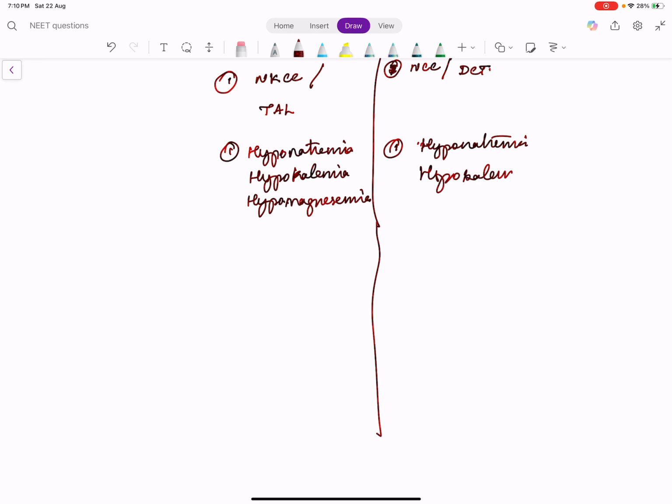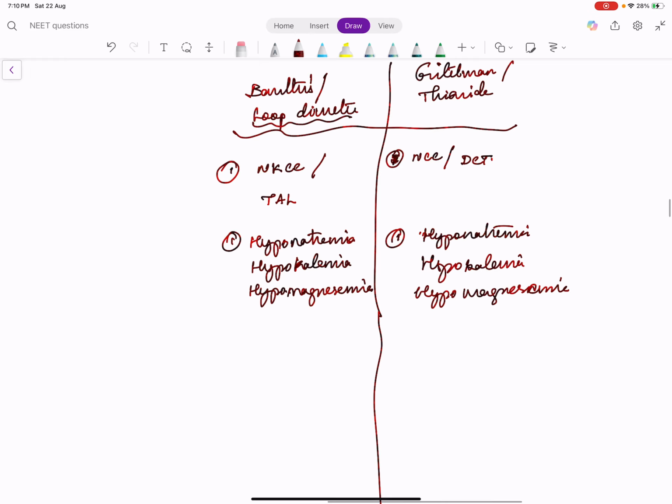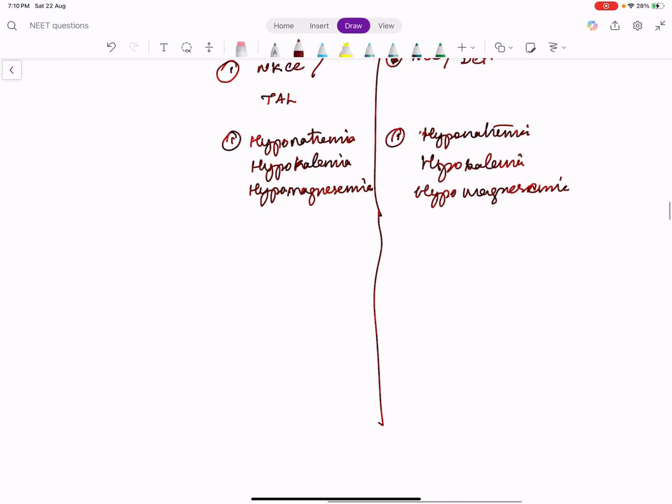But remember, only one difference is loop diuretic cause excretion of calcium. So there will be hypercalciuria in loop diuretic.